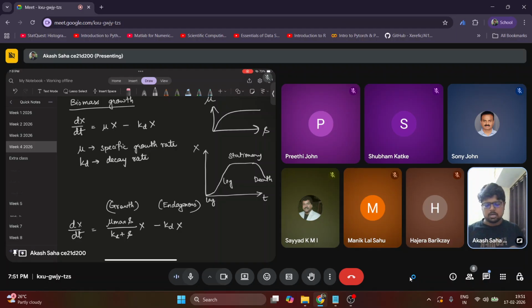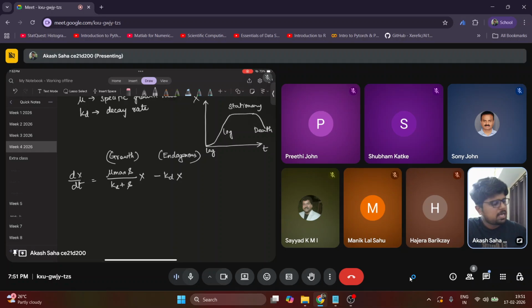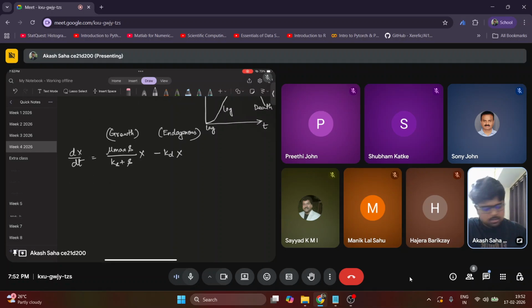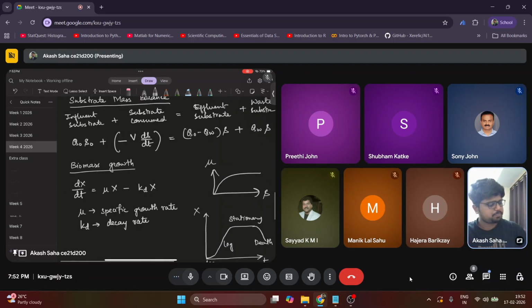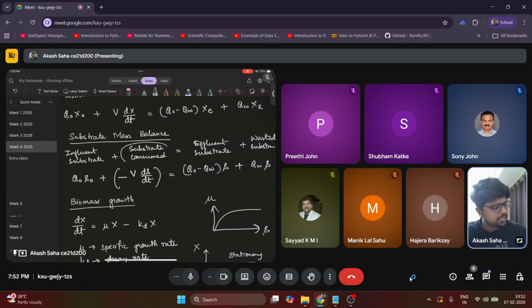Now the last thing is substrate utilization. What is substrate utilization? I said that the substrate will be getting consumed, it will be getting utilized.